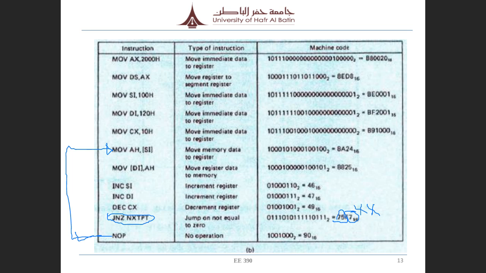Here 1, 2, 3, 4, 5, 6, 7, 8, and then 9. So it needs 9 memory locations back to do the jump. So the displacement field is -9, negative.